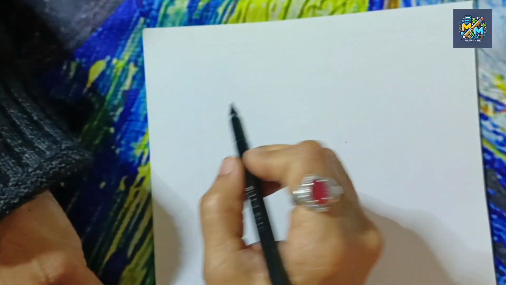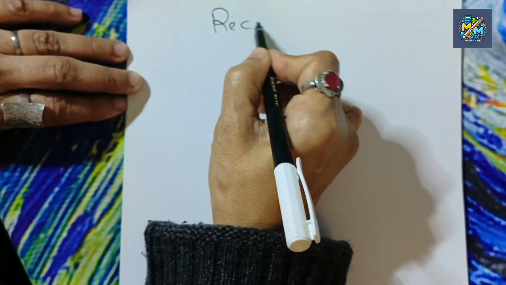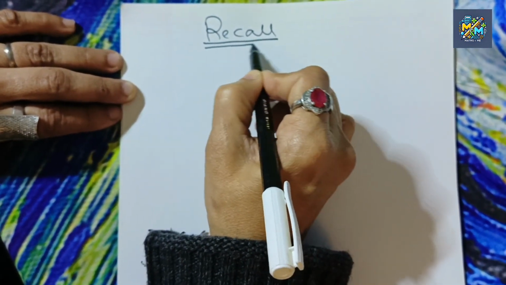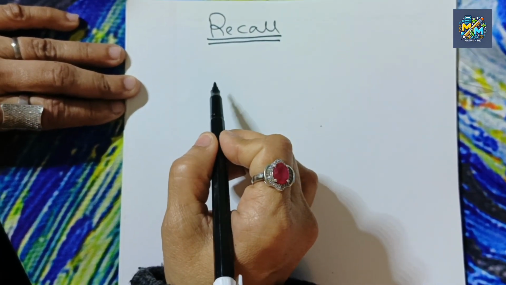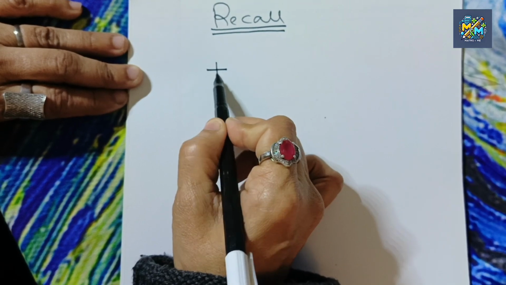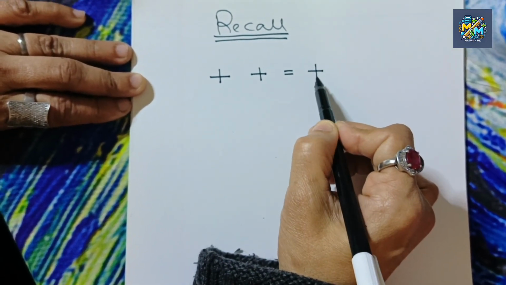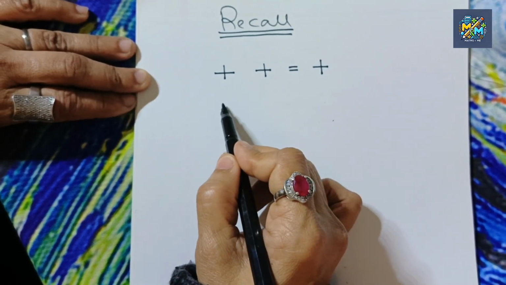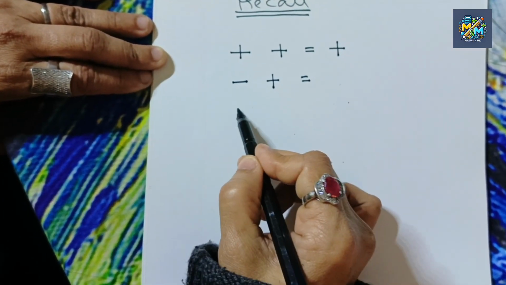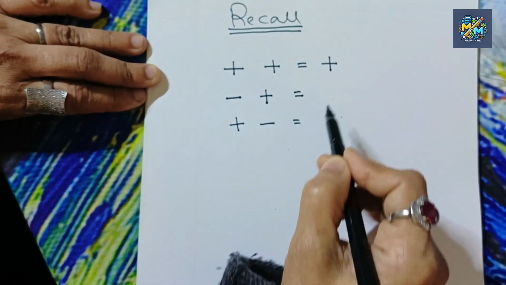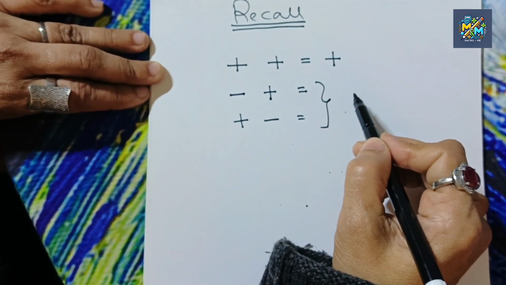So students, last but not the least, let us recall our memory. So we are trying to recall what has been learned up till now. First thing we did was a positive sign, and a positive sign always gives the answer in a positive way. Then there are negative, positive, or positive, negative. In both the cases, the answer will be subtracted.